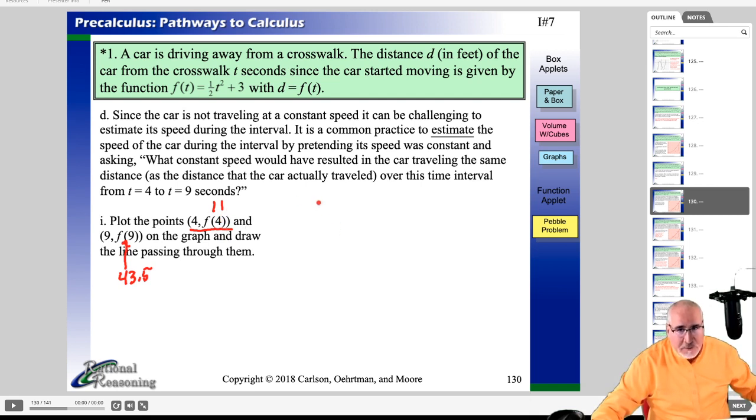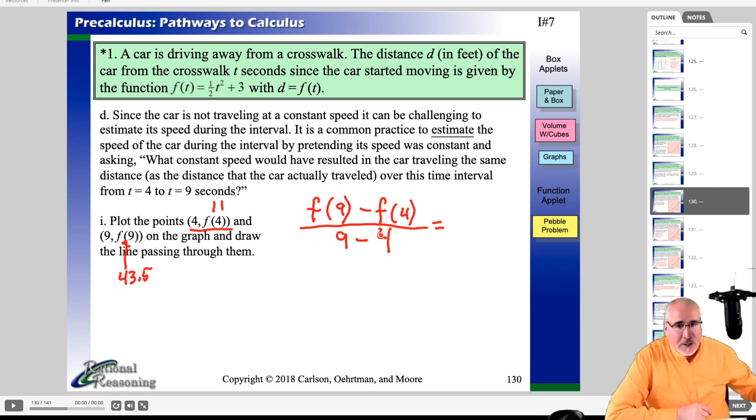What we did is we took the y value when we plug in 9, we subtracted the y value when we plugged in 4, and then we took the x value of 9 minus the x value of 4, and that's what we're going to call the difference quotient, right? This is going to give us an average rate of change.